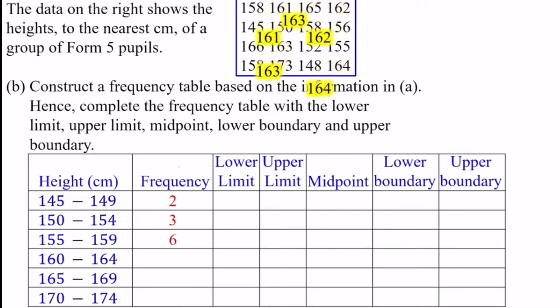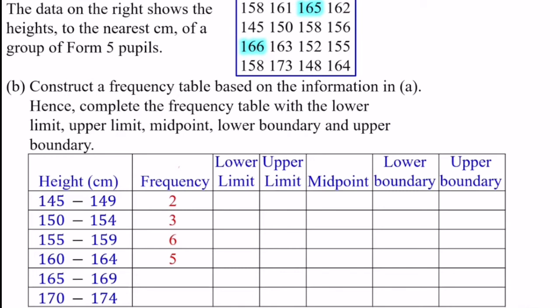For 160 to 164 we have 1, 2, 3, 4, 5 pupils' heights. So the frequency is 5. And then for 165 to 169, let me see how many. We have 3, right? So we highlight like this: 168, 165, and 166.